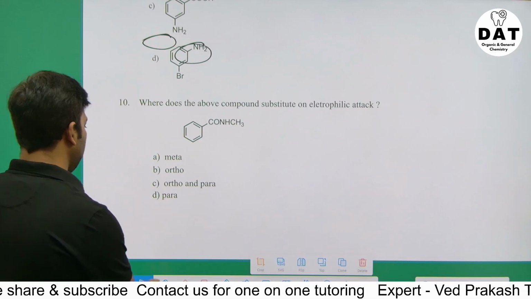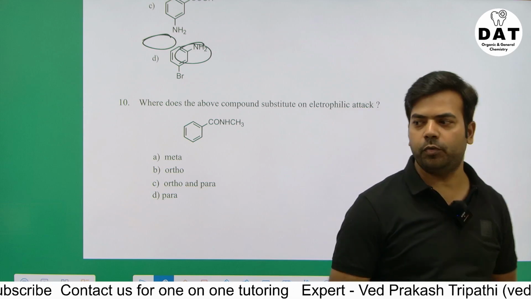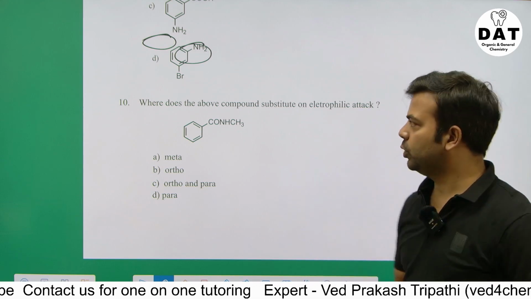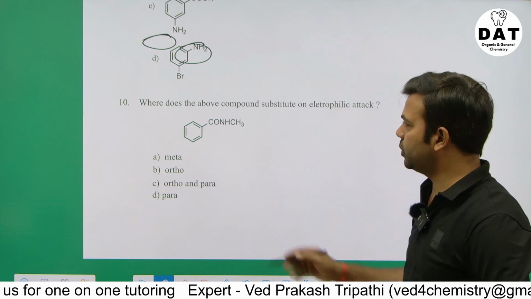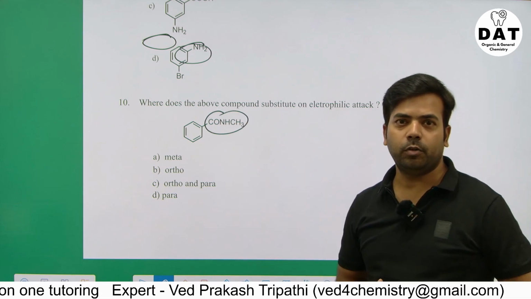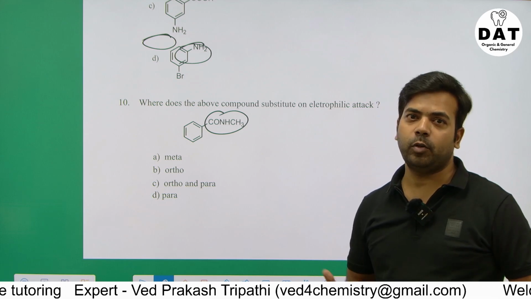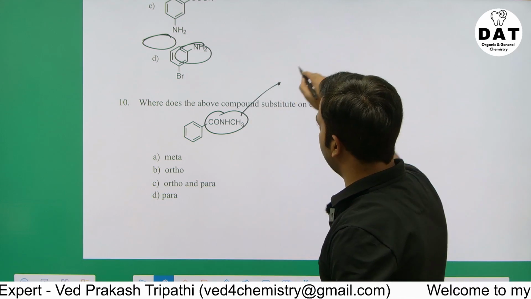Okay, this is a good question. Where does the above compound undergo electrophilic substitution attack? So in which position is the electrophile going to attack? First of all, you should know the nature of this group, and you can predict the nature once you have an idea about the structure. So CONHCH3, if you expand this, it should be like this.